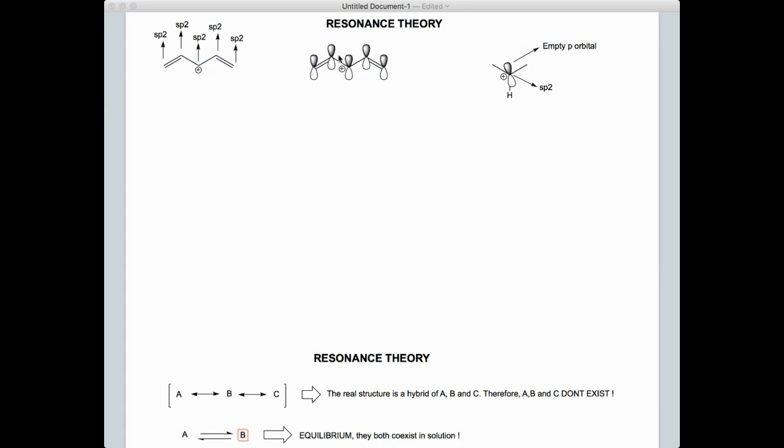So clearly, I don't have anything in that structure indicating double bond character here, and I don't have anything in that structure indicating double bond character here. So I need to show resonance structures that account for the interaction, the delocalization between these two carbons, and between these two carbons.